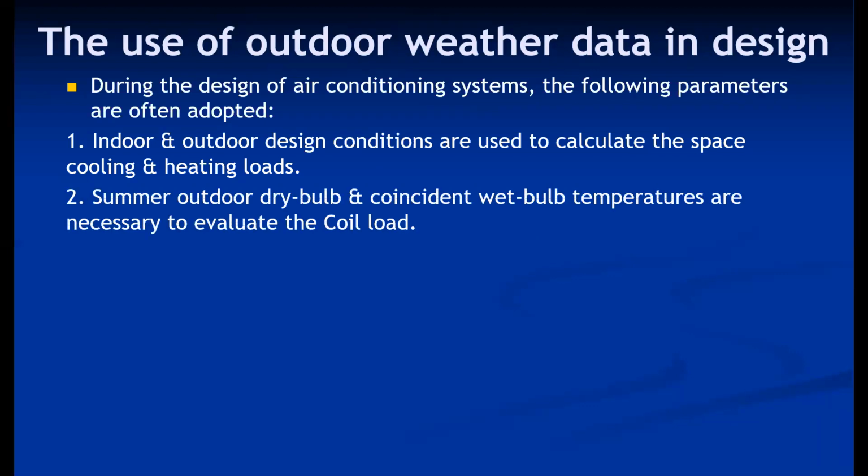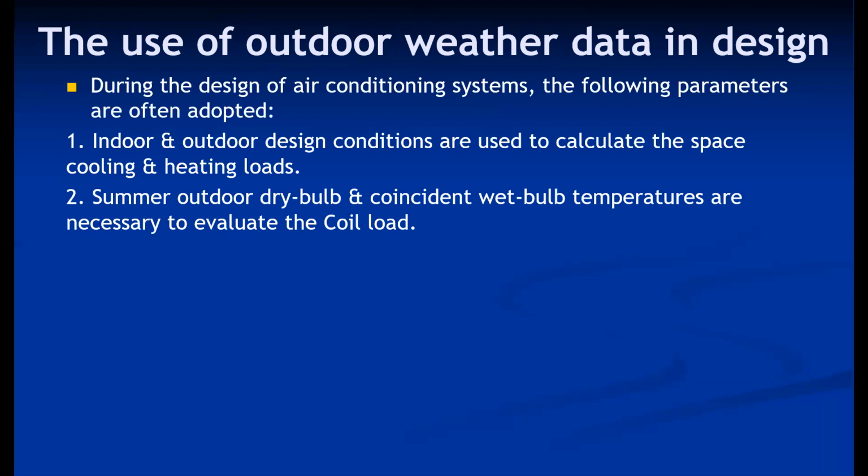Summer outdoor dry bulb temperature and coincident wet bulb temperature are necessary to evaluate the coil load. Depending upon the outdoor conditions, if the outdoor condition is humid, the load on the coil is more. If it is dry, the load, especially the latent load, is less.